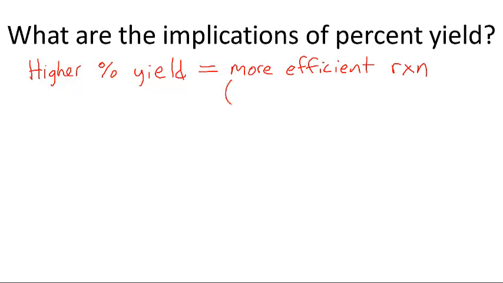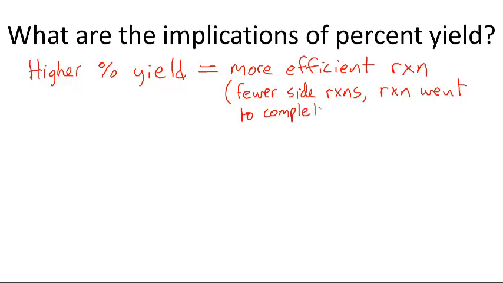Probably fewer side reactions. The reaction went to completion. Lower percent yields means the reaction is less efficient.